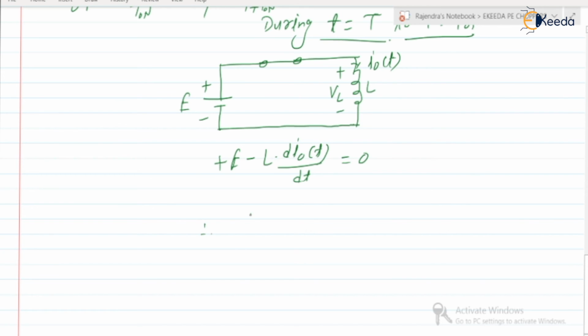Therefore di0 of T by dt is equal to E by L.